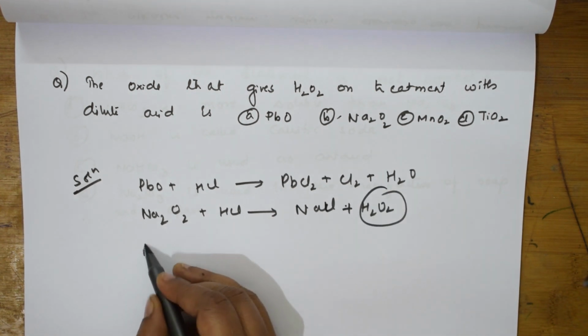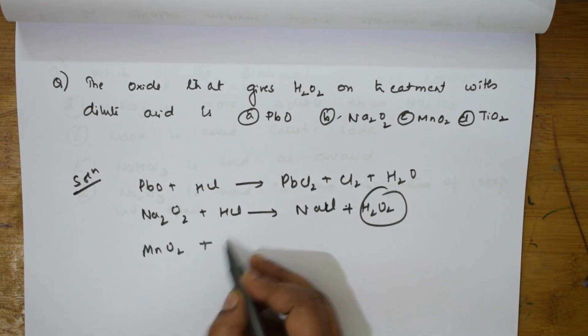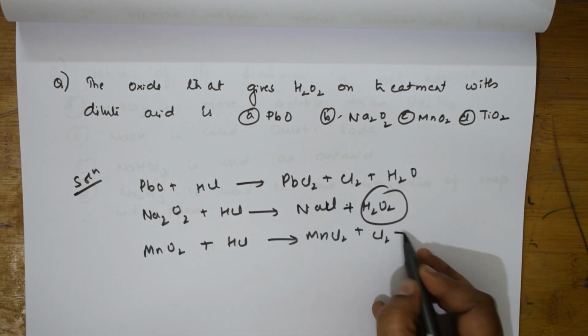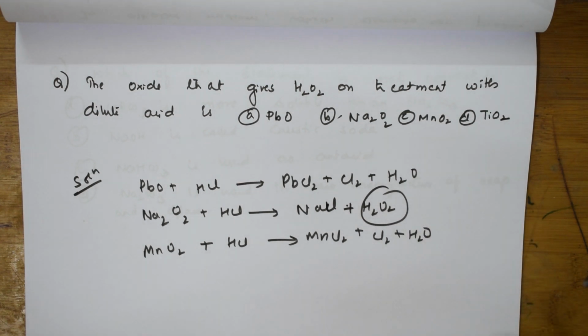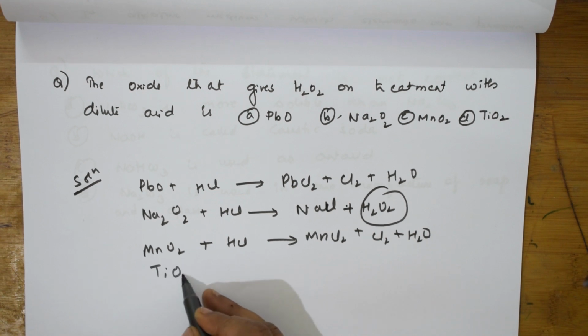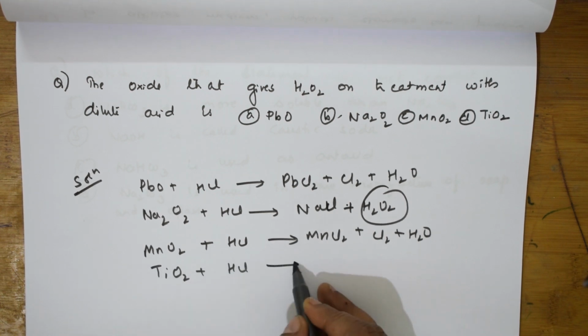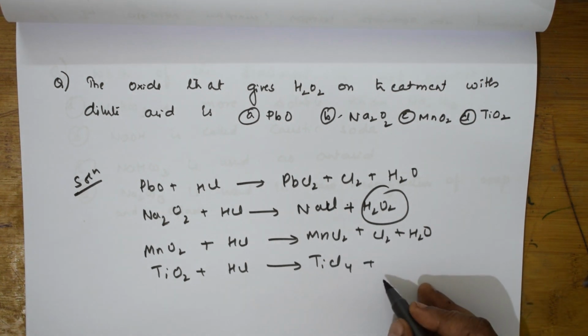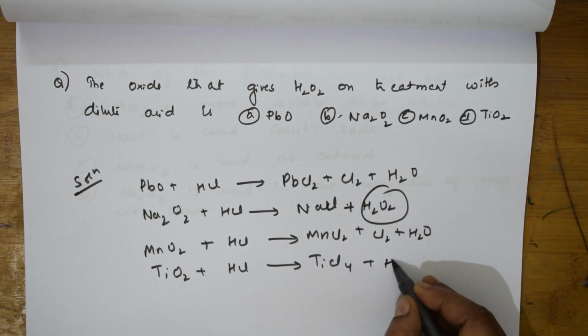The next one, let us see, MnO2 plus HCl gives me MnCl2 plus Cl2 plus water. Here also there is no hydrogen peroxide. Let us write the reaction of TiO2 plus HCl gives me TiCl4 plus water.